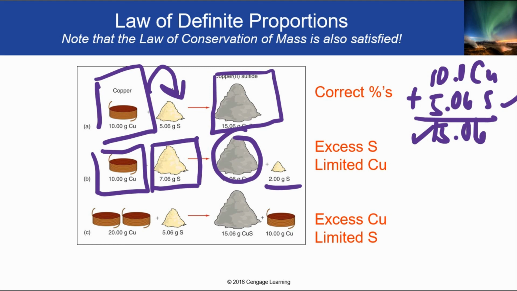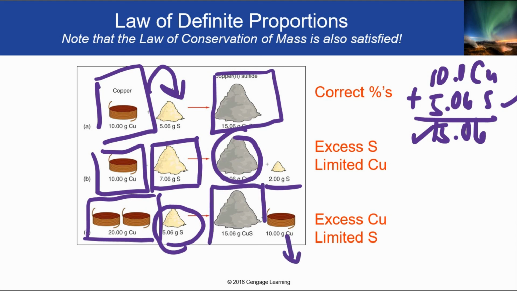So, pagbaliktad naman, halimbawa, dinoble natin yung amount ni copper. Okay? Kaya alam natin na yung 5.06 grams ng sulfur, magre-react lang siya sa 10.0 grams ng copper. So, anong mangyayari? Si copper yung magiging excess.